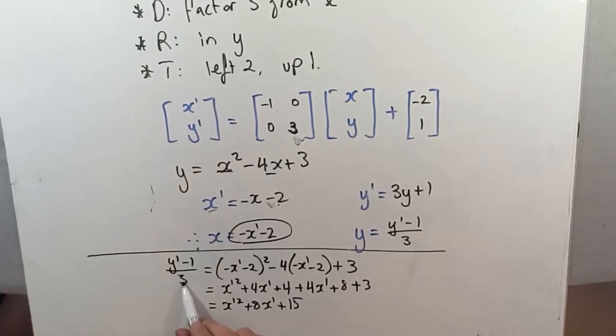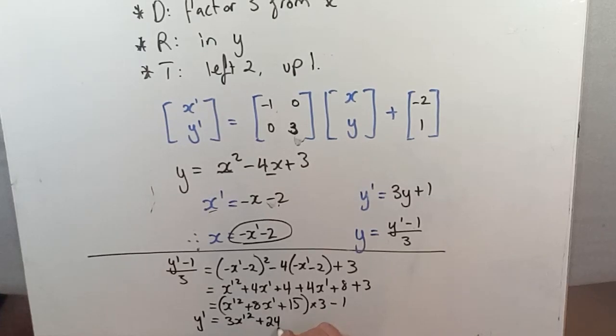Oh, and then I have to multiply the whole thing by 3 and minus 1. Let's do it. So that's my y image: 3x image squared plus 24x image plus 45 minus 1 is 44. And that's it. So that's my y image equation.